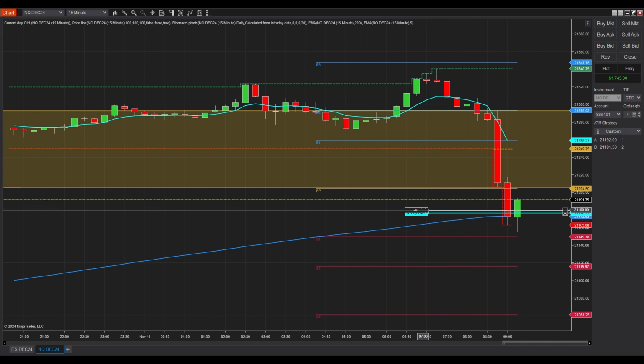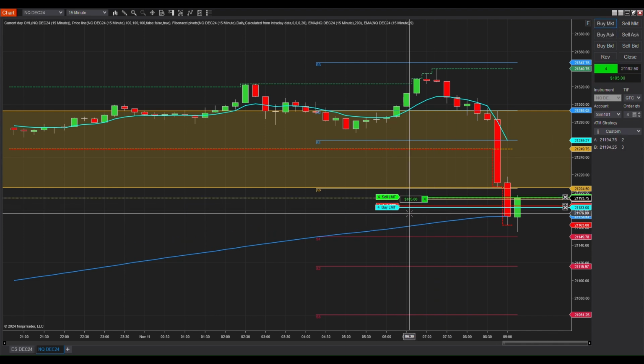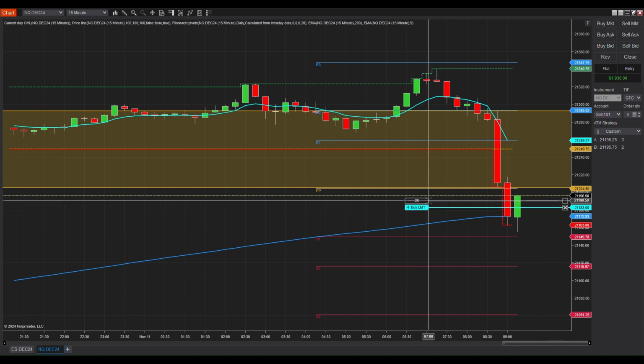I'm just reading price. It's got momentum going up, so if it comes back and gets me in a trade, back into that 15-minute range. There goes, I'm in. Order filled. Target filled. That's how fast those things move.